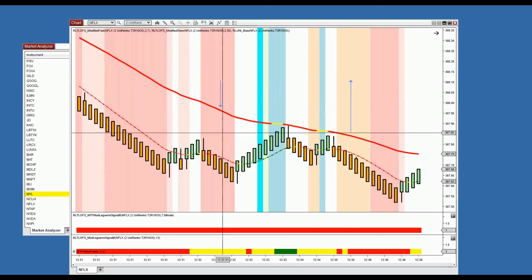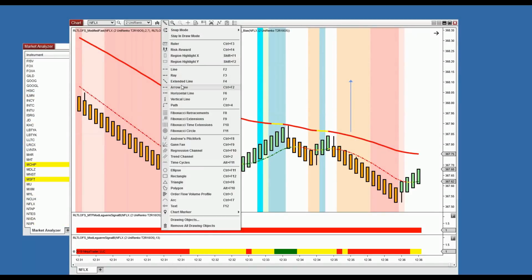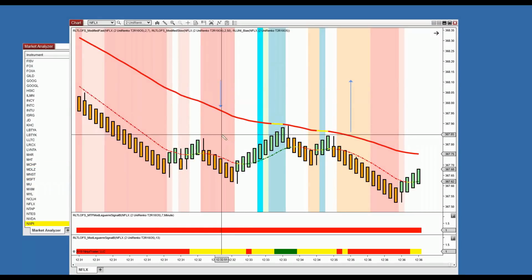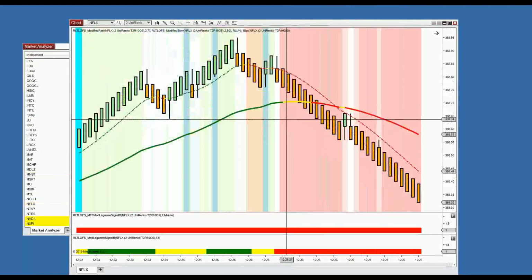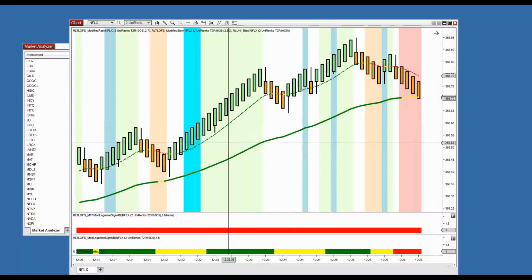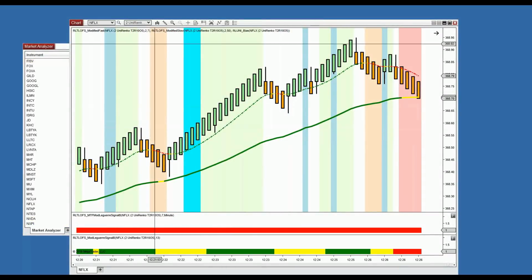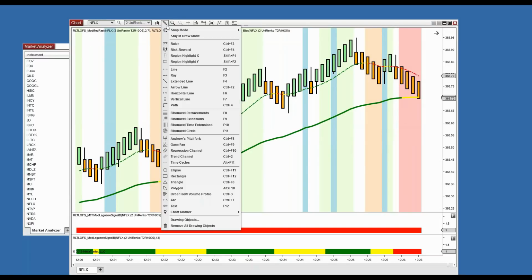In order for a short trade to signal, you also have to have the 15 below the 50, and it's got to be red. In order to signal a long trade, it's got to have the 15 above the 50, and it's got to be green.